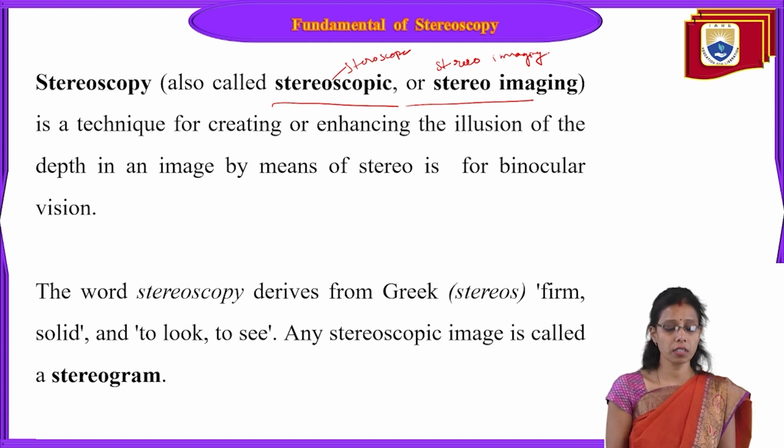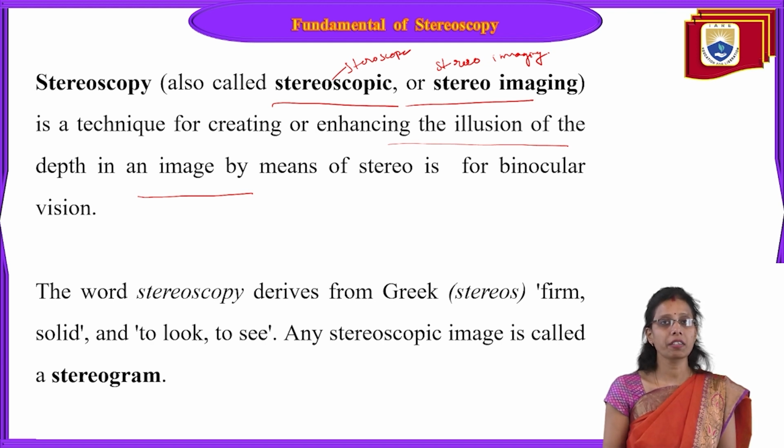That's why we use a stereoscope, and it is a technique for creating or enhancing the illusion of depth in the image by means of stereo. It is for binocular vision. The word stereoscopy is derived from the Greek stereos, meaning firm and solid, and skopein, meaning to look or to see. Any stereoscopic image is also called a stereo.